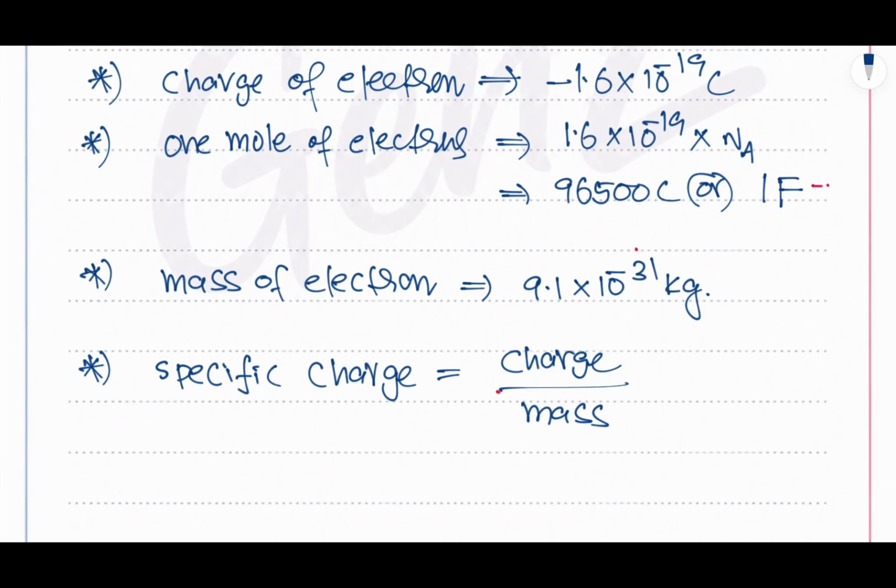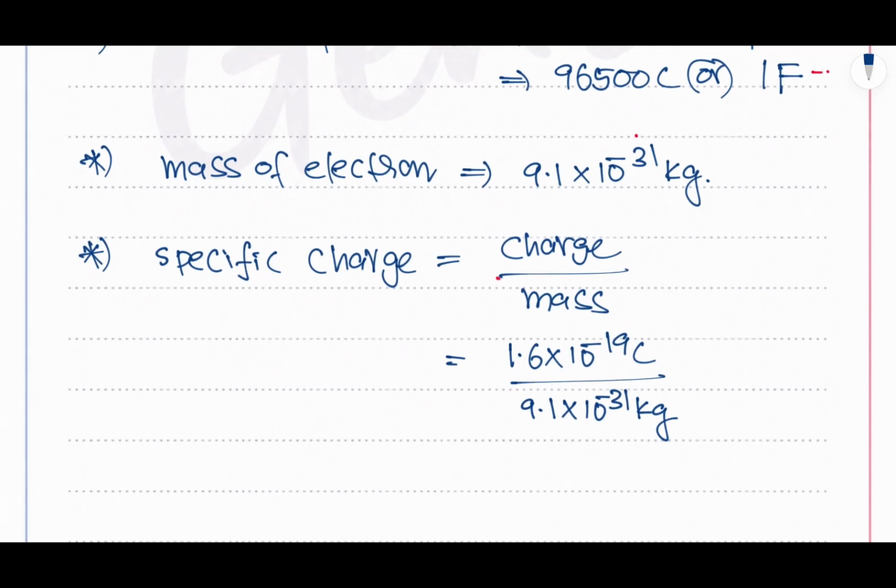So we know the charge of the electron is 1.6 into 10 power minus 19 coulombs, and the mass of the electron is 9.1 into 10 power minus 31 kg. If you calculate this, the value comes as 1.7 into 10 power 11 coulomb per kg.